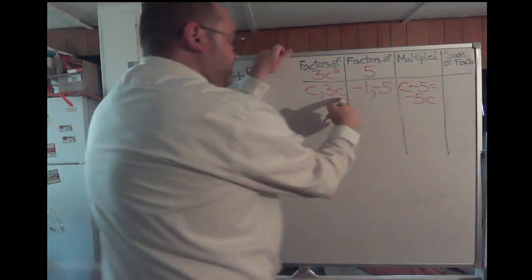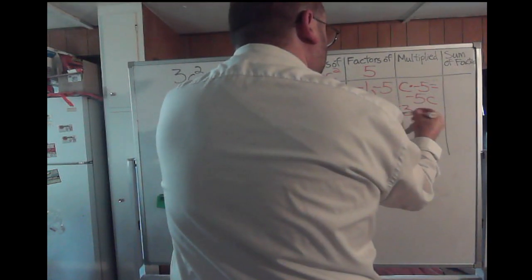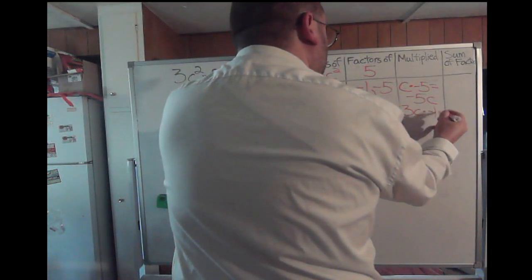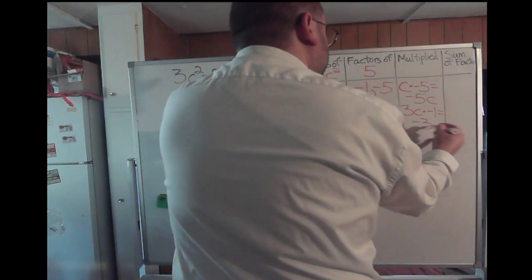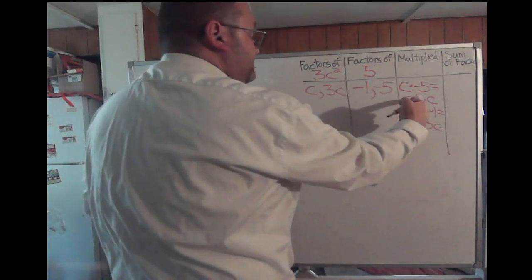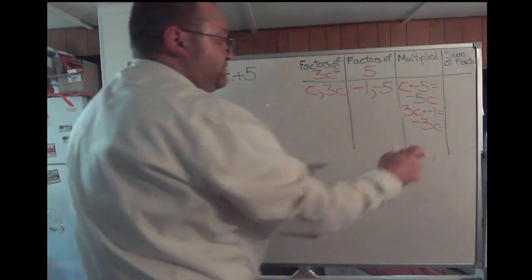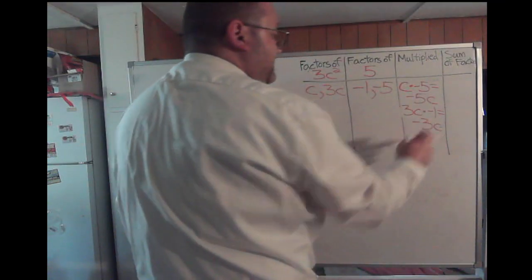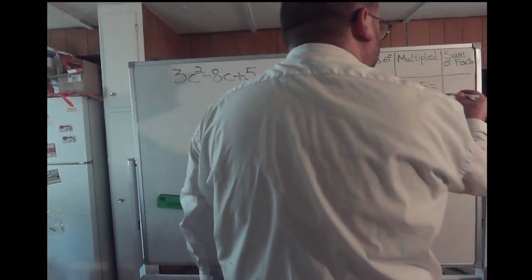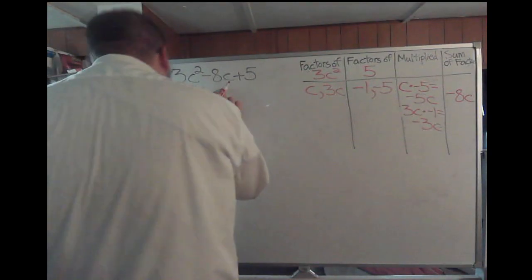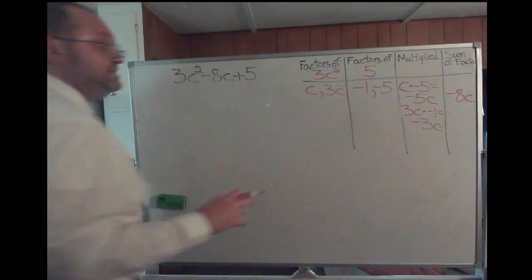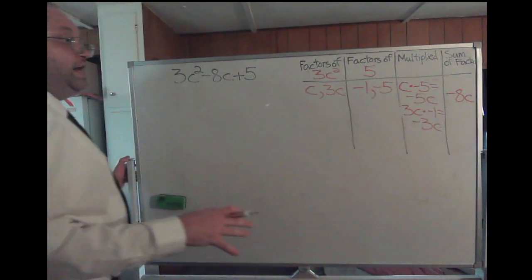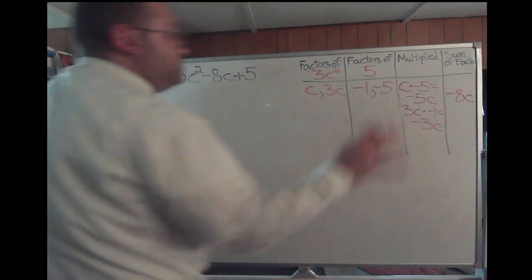Then if you take that 3c times -1, you'll get -3c. If you add the multiplied factors together, the -5c and the -3c, you get the sum of factors to be -8c, which is exactly what you need to get your middle term of -8c. Alright, so we've established how we need to multiply them now.